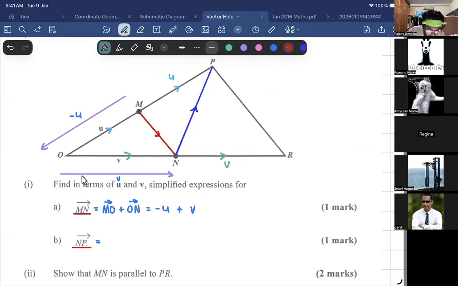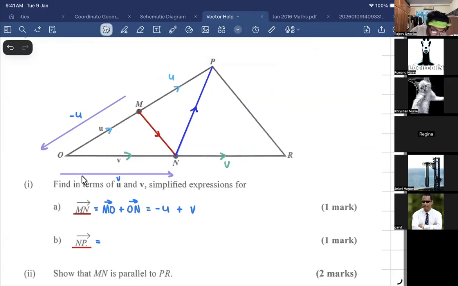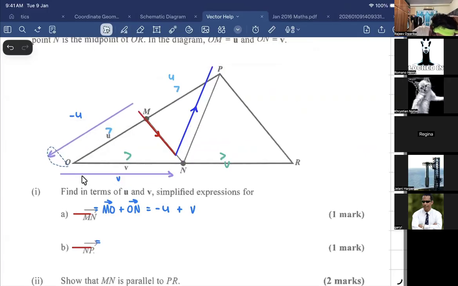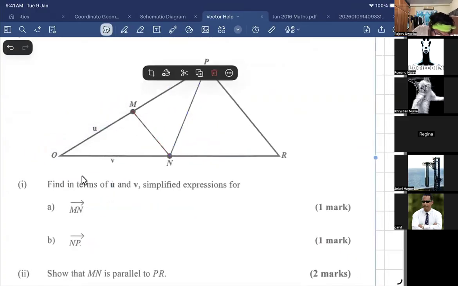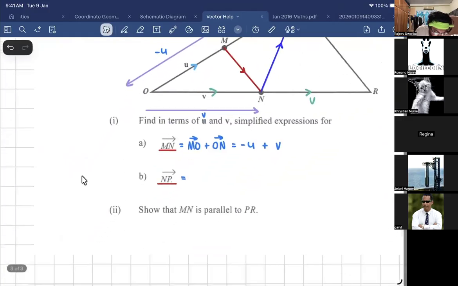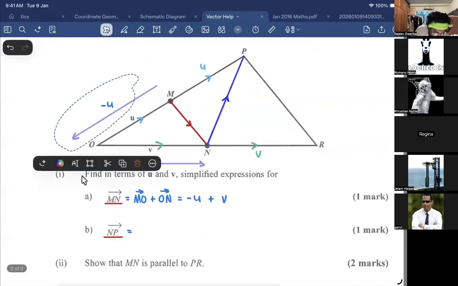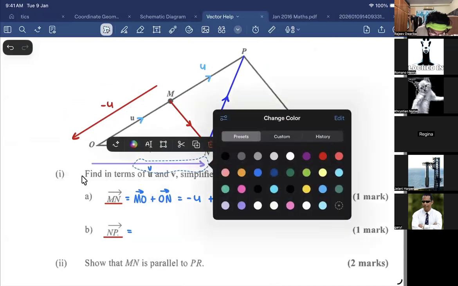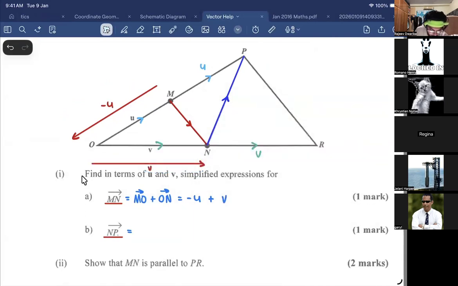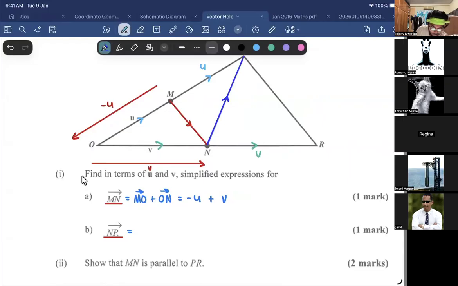Wait, give me a second. I need some colors, man. Okay.